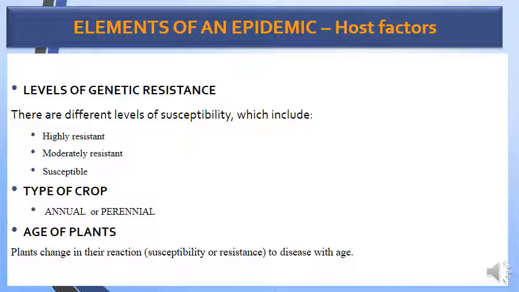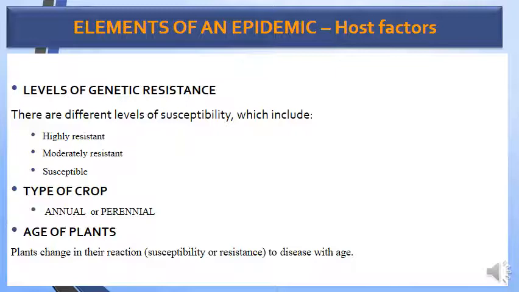Level of genetic resistance. Some host plants carry specific resistance genes and are known as resistant plants; they don't allow a pathogen to become established in them, and thus no epidemic can develop.